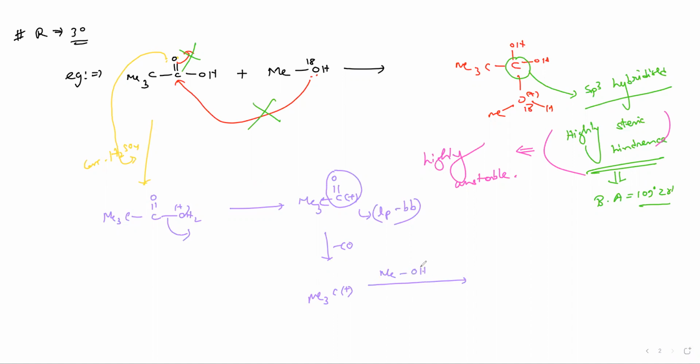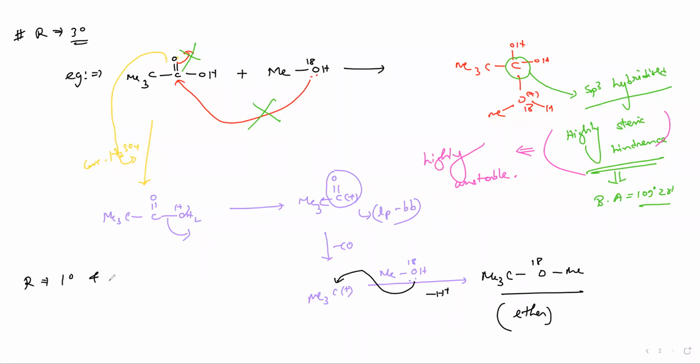Now after that, MeOH is present, lone pair is present. This lone pair just adds here. So we get Me3C OMe after removal of H plus. So instead of ester, we get ether. So always remember when the R group is 1° or 2°, we get a normal ester.